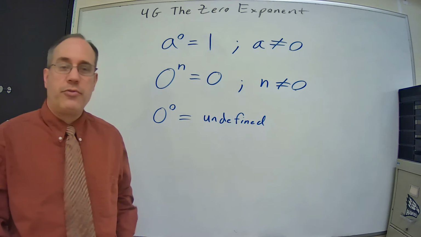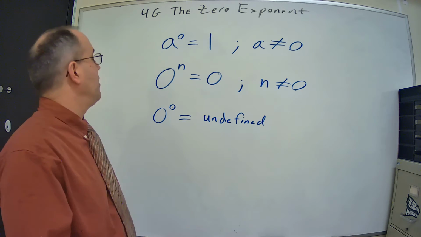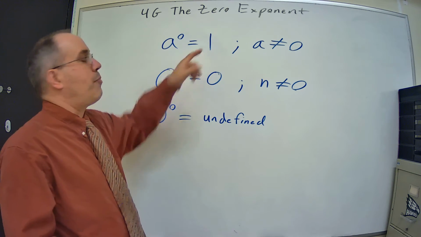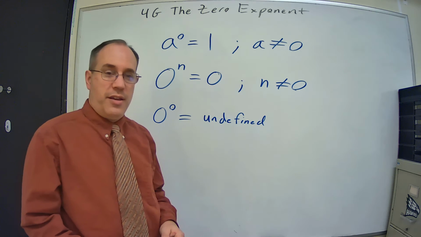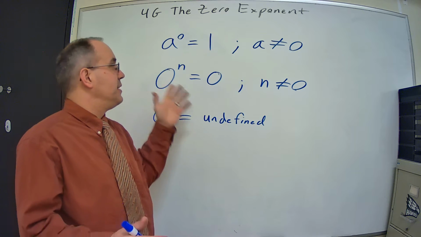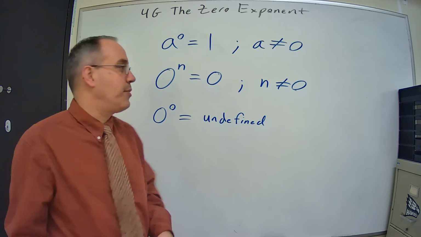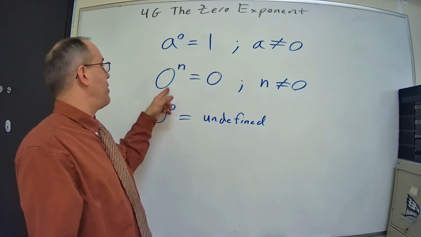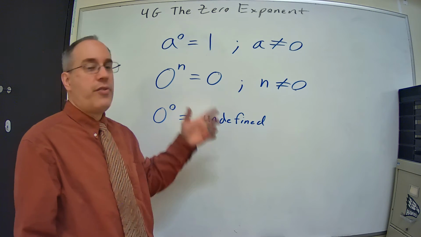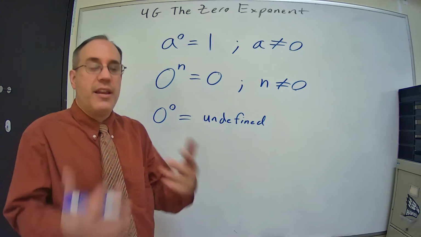It's what we sometimes refer to as a discontinuity. Any number raised to the 0th power is 1, but then when you get to a equal to 0, it falls apart. So we don't have a point that works there. Any 0 raised to any power is 0 until n is equal to 0, and it falls apart.